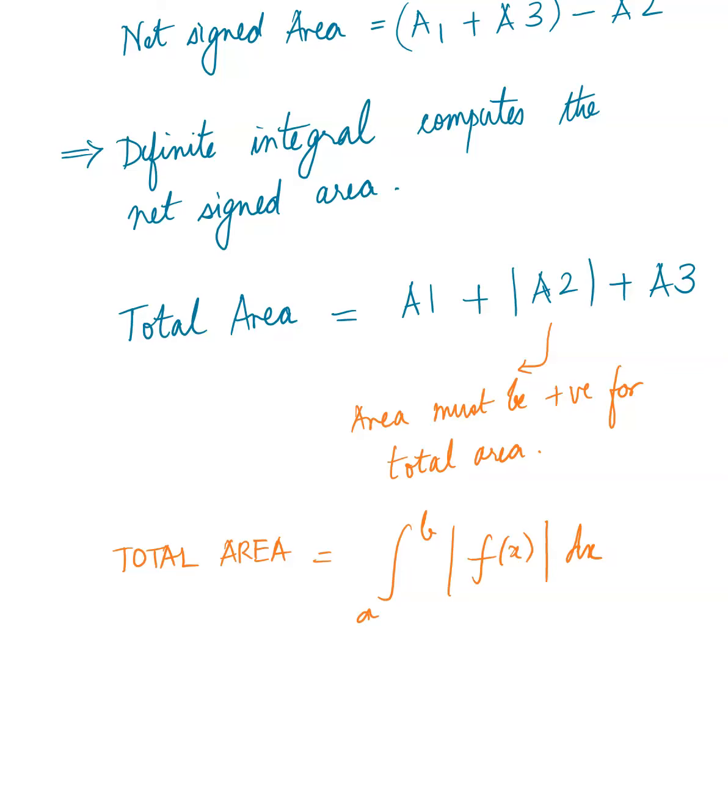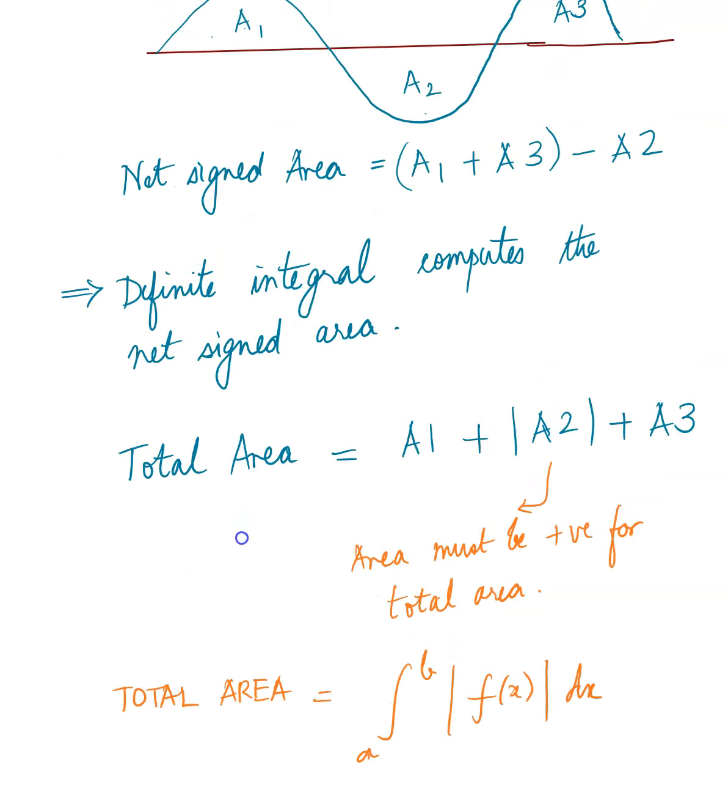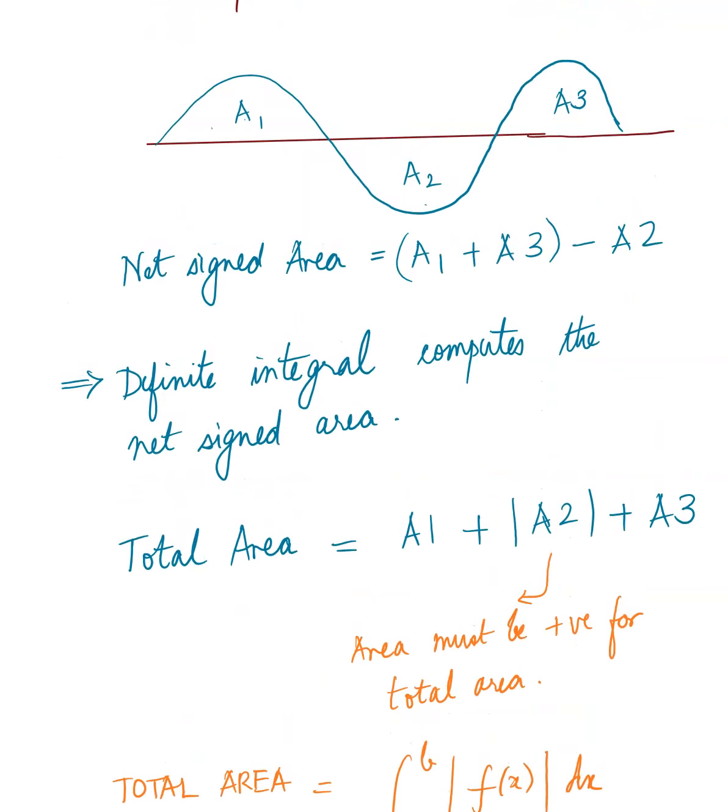I hope this got you thinking into seeing why we got 0 as the area for that cosine function. It's true that it was something like this. Let's say A1 and A2.